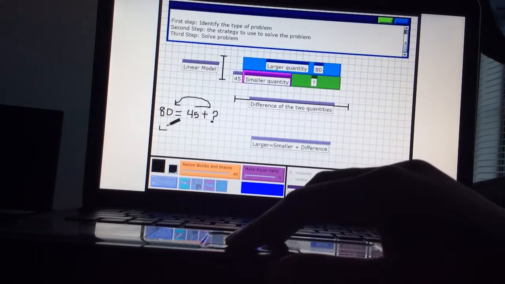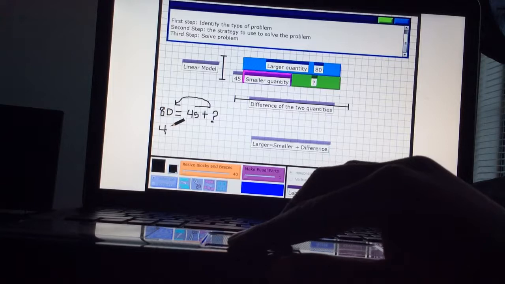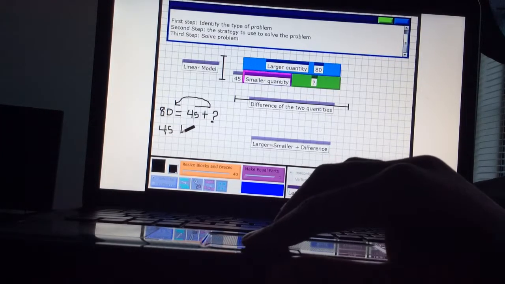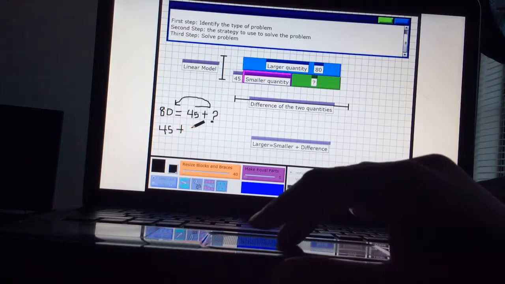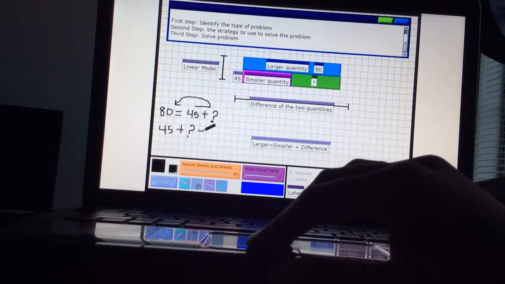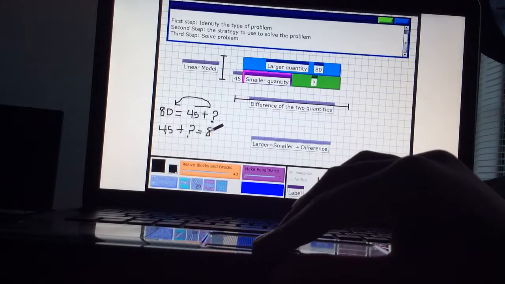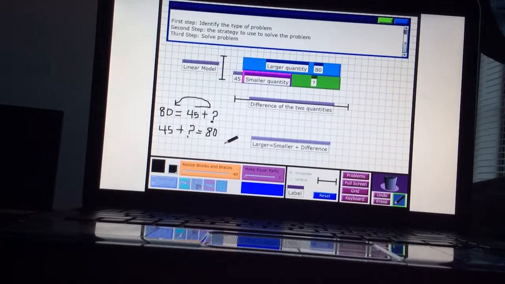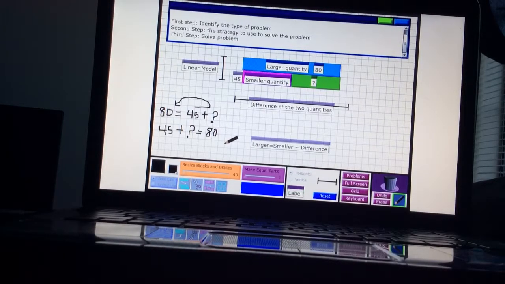So 45 plus the difference equals 80. Okay, now it's starting to look like something you recognize.